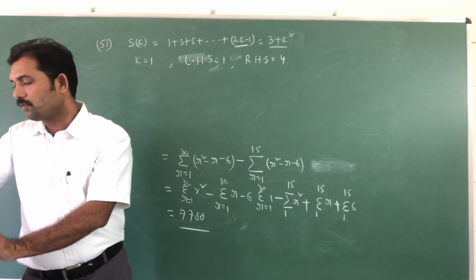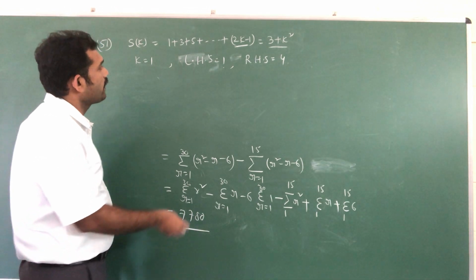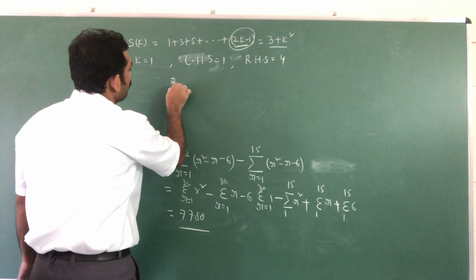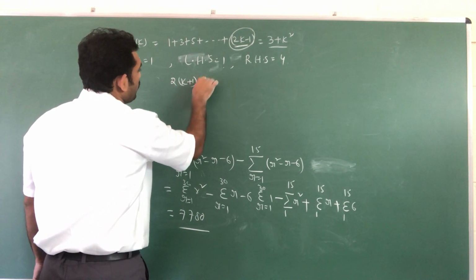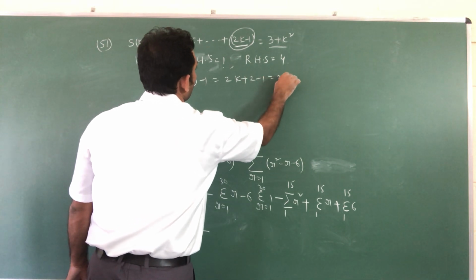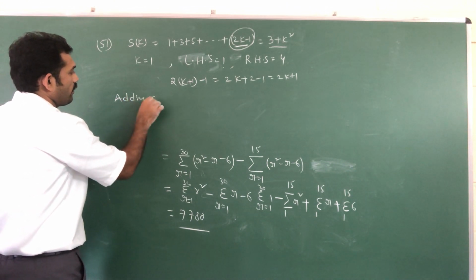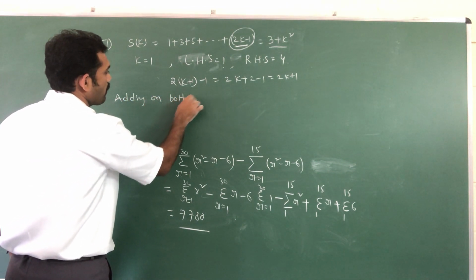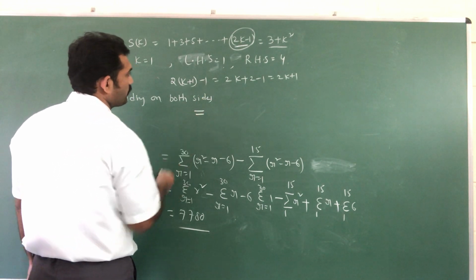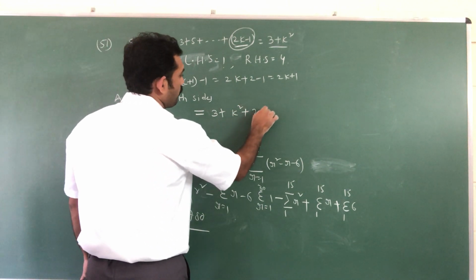So S of k plus 1. When k plus 1 is added, what happens? In this place, 2 of k plus 1 minus 1 simplifies to 2k plus 2 minus 1, which is 2k plus 1. So adding 2k plus 1 on both sides, take the RHS value only: 3 plus k square plus 2k plus 1.